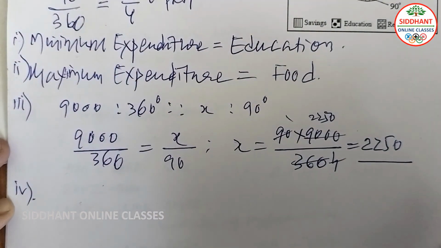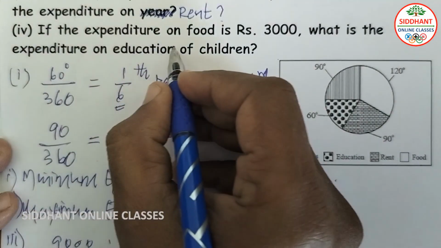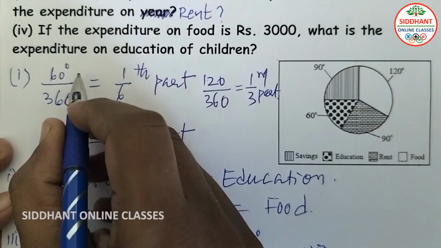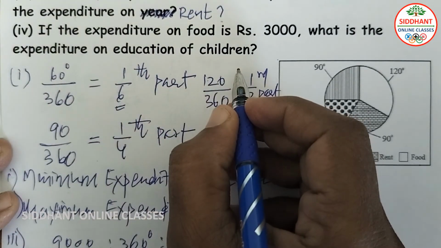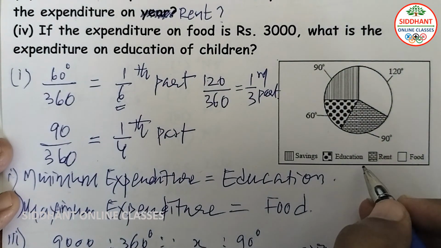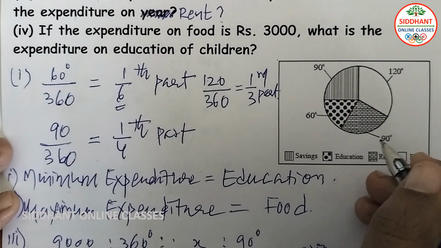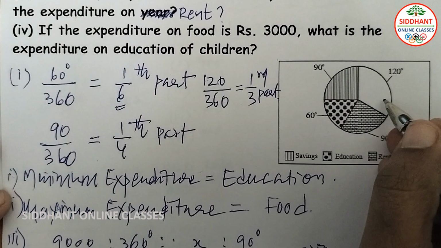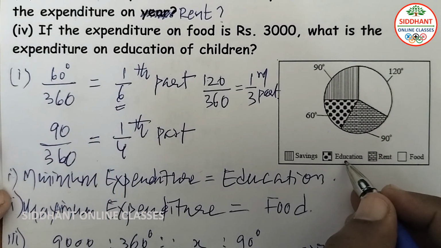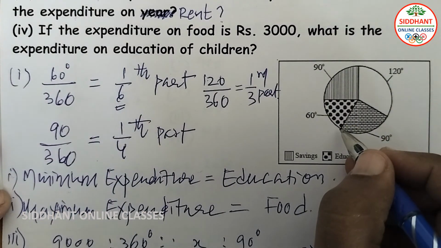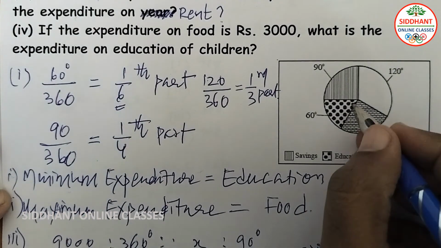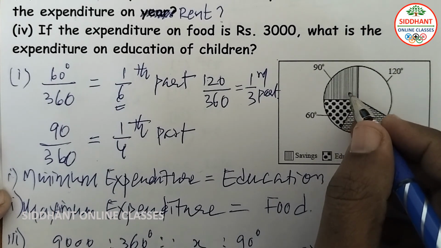Fourth one: if the expenditure on food is 3,000, what is the expenditure on education of children? So the expenditure on food is 3,000, and the angle for food is 120 degrees, and for education the angle is 60 degrees here. So we know the degrees and we are going to find out the amount.